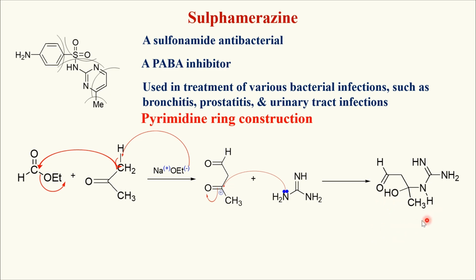On further heating, it undergoes dehydration. The nitrogen-hydrogen bond breaks, and these excess electrons are shared with the adjacent carbon, and the carbon has to maintain its tetravalency, so OH gets kicked off as OH minus. OH minus and this H plus combine together and are lost as a water molecule.